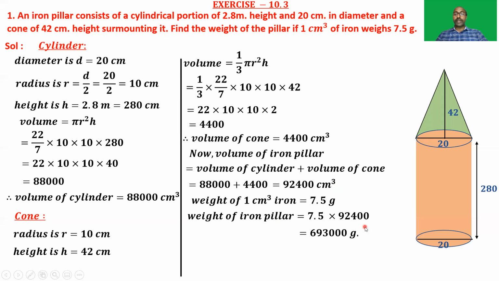So we get 693,000 grams. As we convert it into kilograms by dividing by 1000, we get 693 kilograms. So the weight of iron pillar is 693 kilograms.